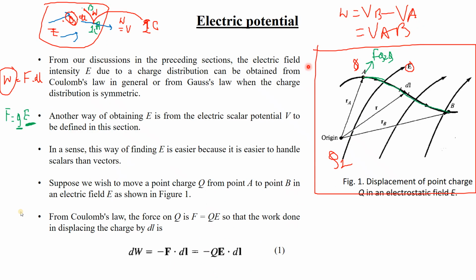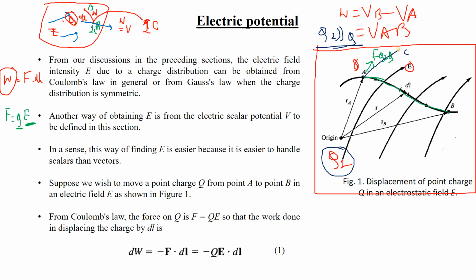Now the negative sign indicates the work done is being done by the external agent. That means this work is not done by the charge Q2. Suppose charge Q2 wants to push the charge Q from A to B, then it will push. Suppose the force is in this direction, and this is point A, this is point C. If I don't apply an external force, Q2 will give a force to Q, because suppose Q2 is much greater than Q in magnitude.